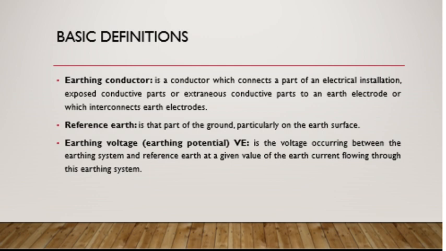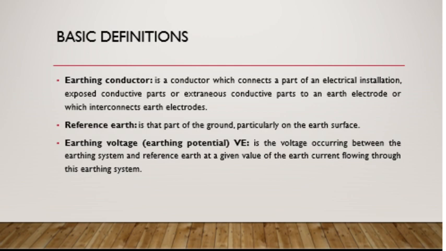Now this is important. What is earthing voltage? It is the voltage occurring between the earthing system and the reference earth at a given value of the earth current flowing through this earthing system. So at a given value when the current is flowing through that earthing system, the reference earth will be at zero potential, and a particular amount of current is flowing through that conductor.